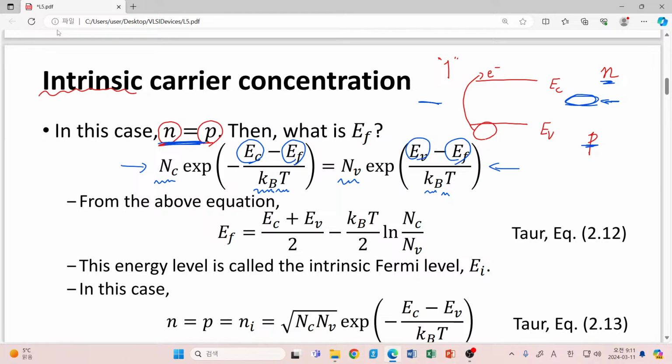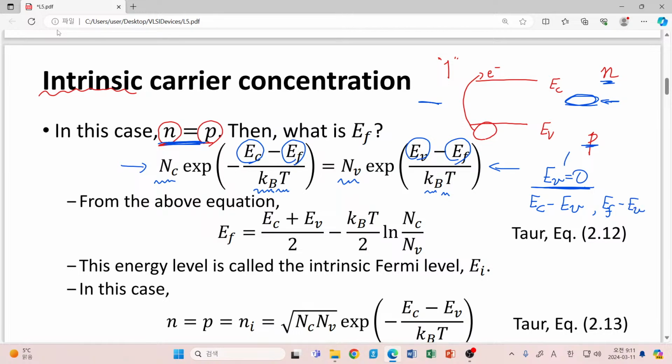However, if we regard the valence band level as a reference value, then the remaining things are the distance between EC and EV, and the distance between EF and EV.